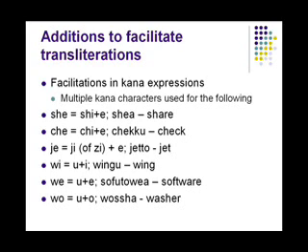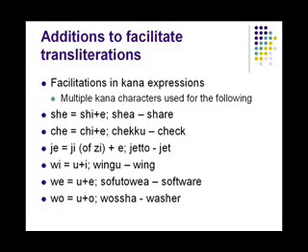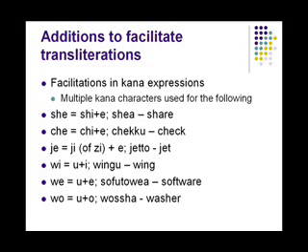So this needs SHE. This is formed by SHI plus E. So this is the way the kana characters have been combined. SHI has got a kana character, E has got a kana character, and these two have been put next to each other, they have been strung together to form the sound she.